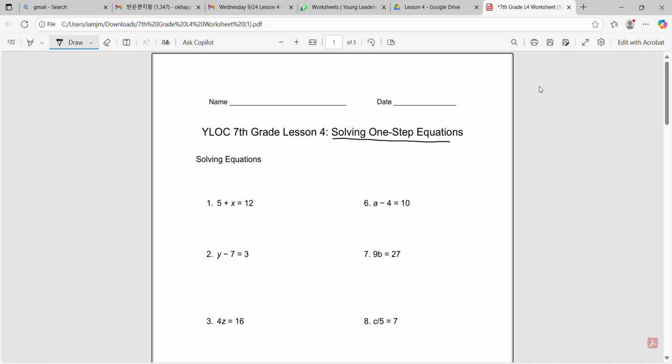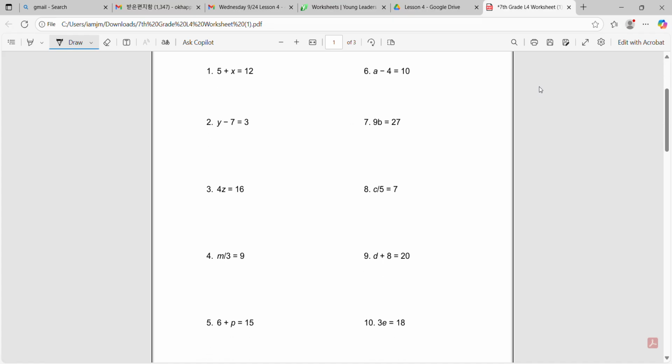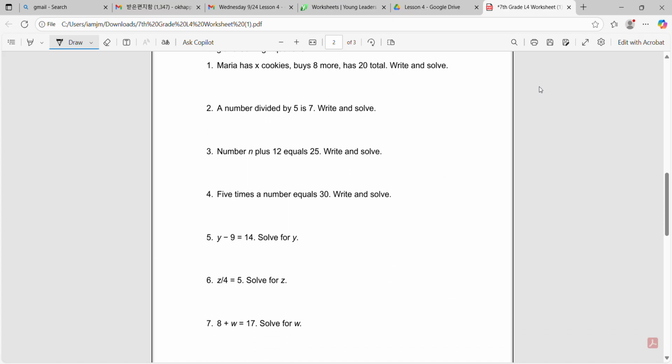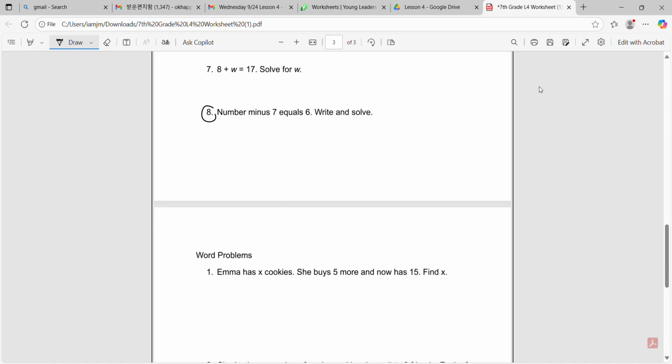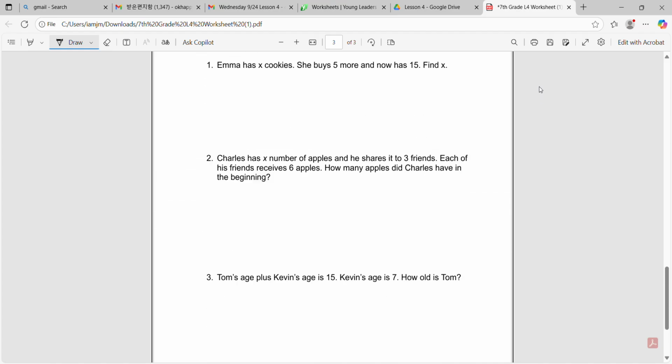For part 1, we'll solve the even numbers. Part 2, we'll also work on the even problems, more problems with questions 2 and 3.